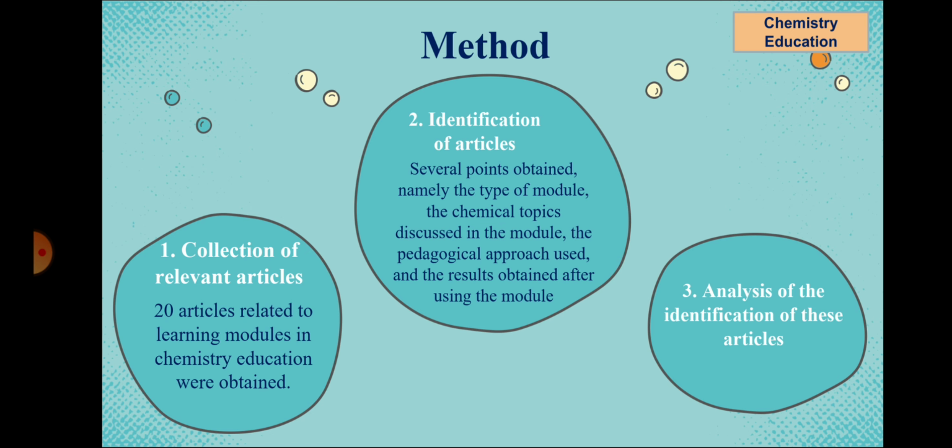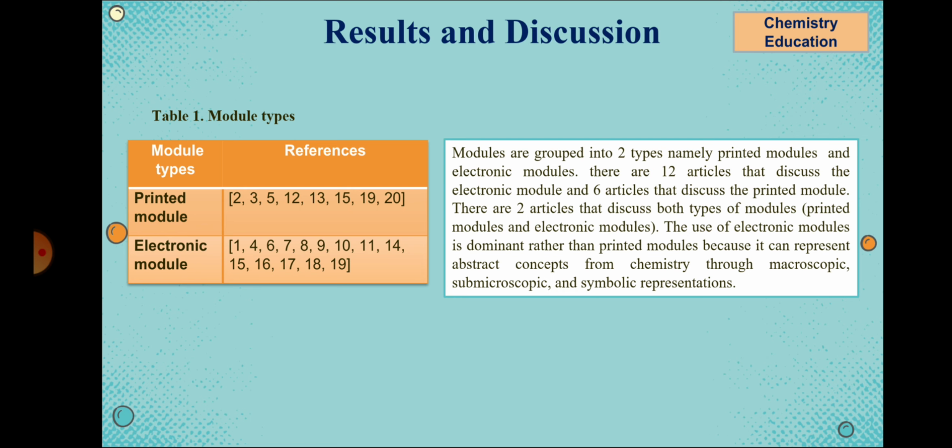Several points are obtained, namely the type of module, the topic of chemistry discussed in the module, the pedagogical approach carried out, and the result obtained after application of the module in learning. From several points obtained at the identification stage, an analysis is carried out and data is obtained. The result obtained in this study.